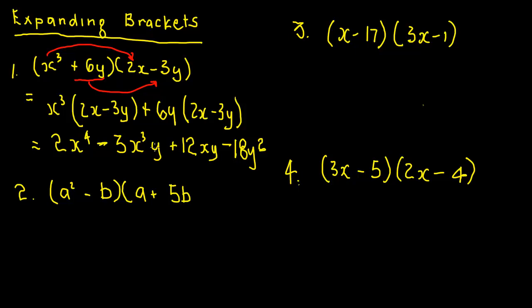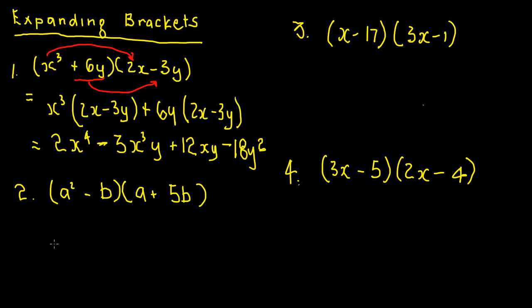There's no x cubed y terms that we can add things to. There's no x to the power of 4 terms that we can add or subtract. There's an xy term and there's a y squared term. So that is in fact the answer to that one. I've left the bracket off here, I'll just put that in there.